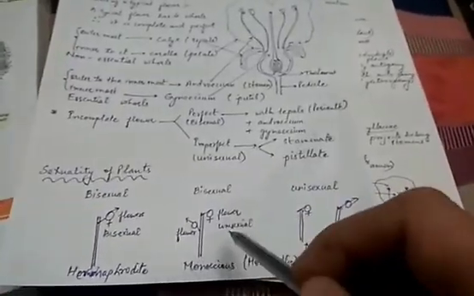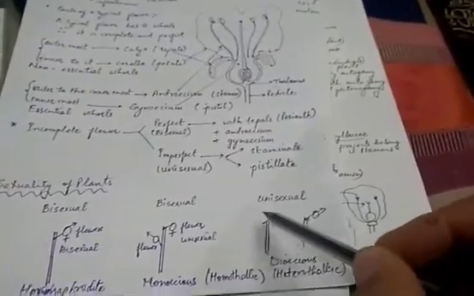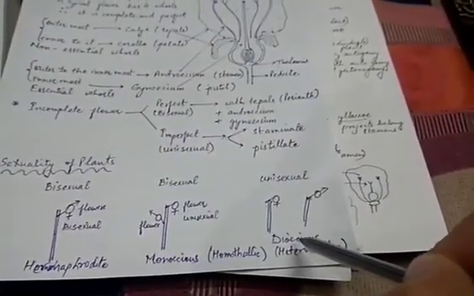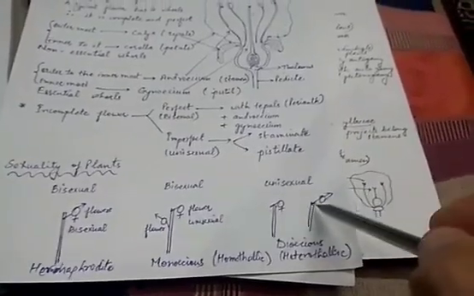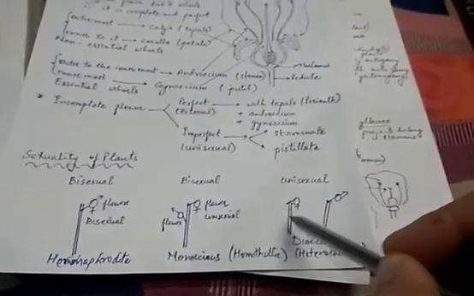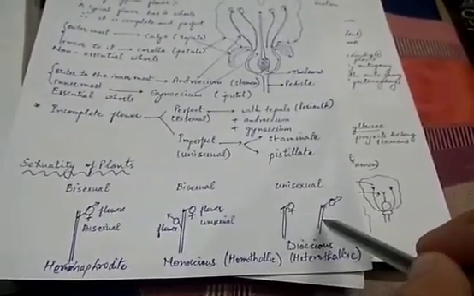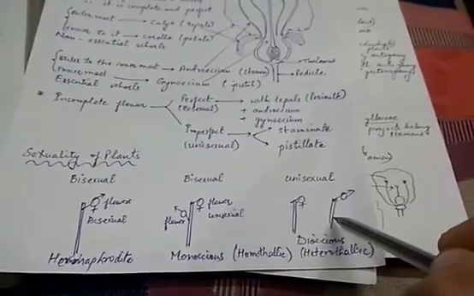And geitonogamy is also genetically self-pollination. This method is a better method because it will ensure that both autogamy as well as geitonogamy do not take place. It will ensure that only one method is possible, and that is between two different individual plants. So it will ensure always cross-pollination.